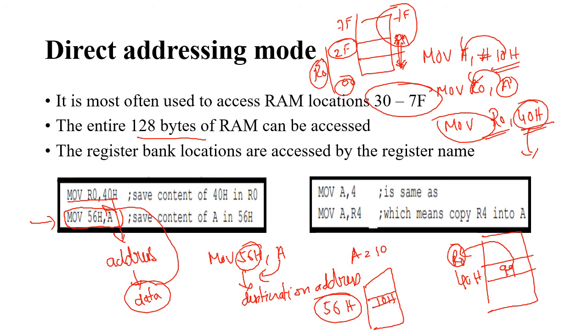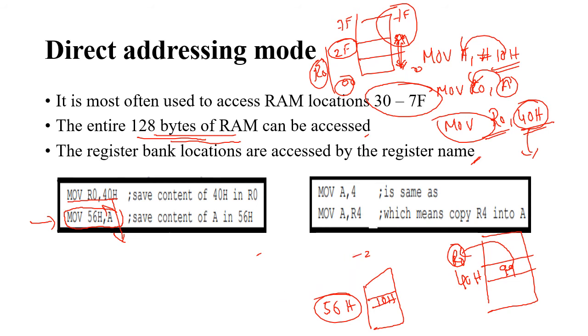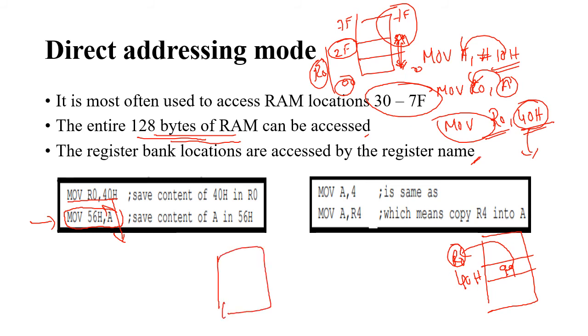The entire 128 bytes of RAM, that is from 00 to 7F, can be accessed using the direct addressing mode. The register bank locations are accessed by the register names. See here, we know that from 00 to 1F we have the register banks RB0, RB1, RB2, RB3.